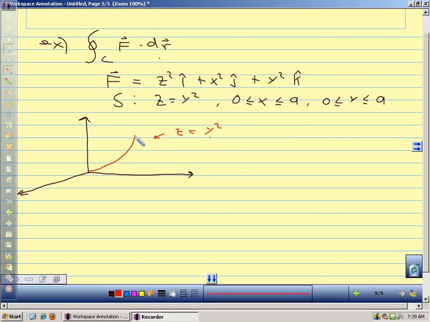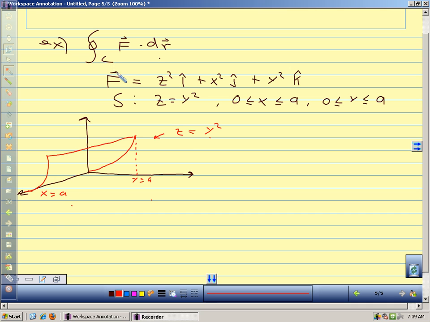And it goes along the x-axis, so it goes down like so. So we have half of this cylinder, and it says x goes from 0 to a. So here's x equals a, and here we're at y equals a. So in the xy plane, our region is a square. So this is above a square in the xy plane.